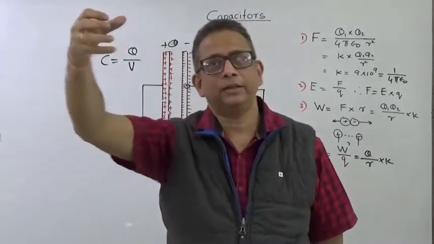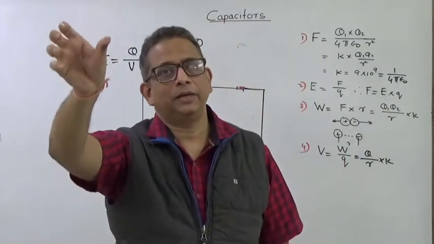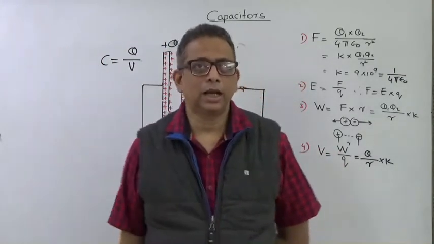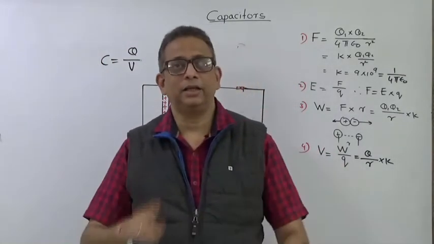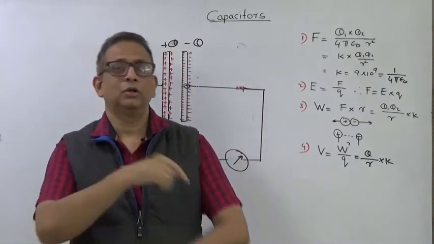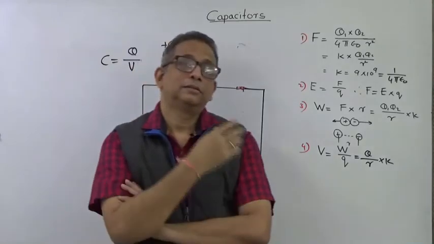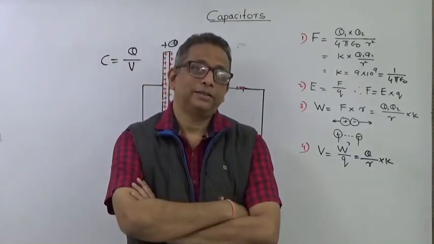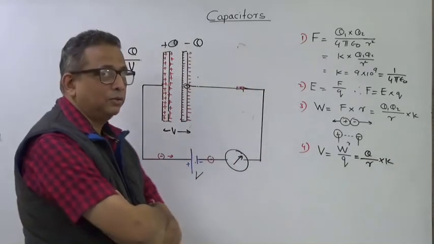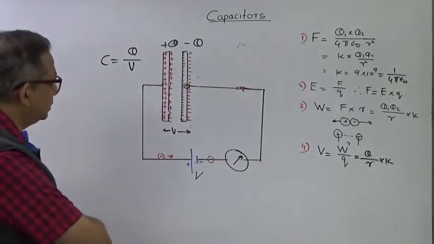If I remove the capacitor from the circuit, the charge inside will remain in it for years together, right? So the charge will not get discharged unless you connect a resistor across it, by which you give a path for the electrons to flow, thus discharging that capacitor. Got it? So this is how the mechanism of a capacitor works.